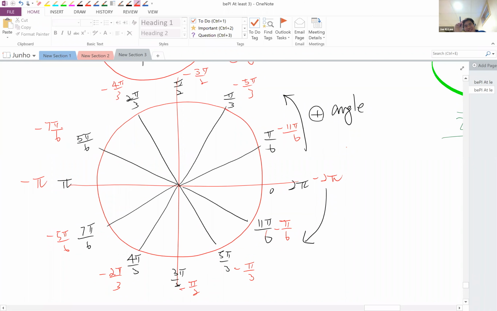So you know what I did here, right? The ordered pair values are exactly the same, but going counterclockwise becomes positive angle, and going clockwise becomes negative angle.